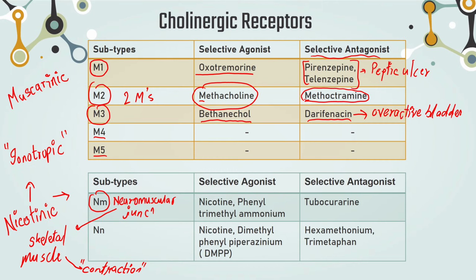So for the NM receptor, the selective agonists are nicotine and phenyl trimethyl ammonium. An antagonist is tubocurarine. Tubocurarine will cause neuromuscular blockade. Remember this.